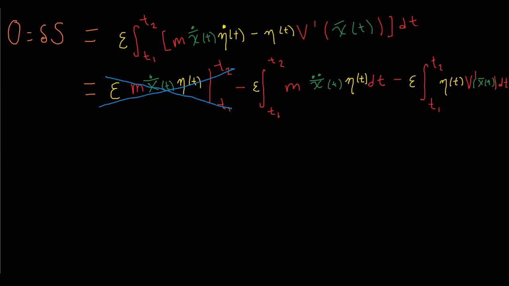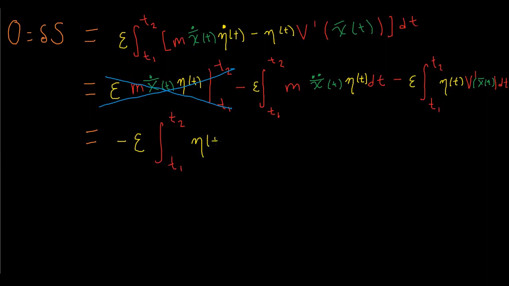Now, this all equals negative epsilon times the integral from t1 to t2. Okay, we're really getting close. It's actually very exciting.